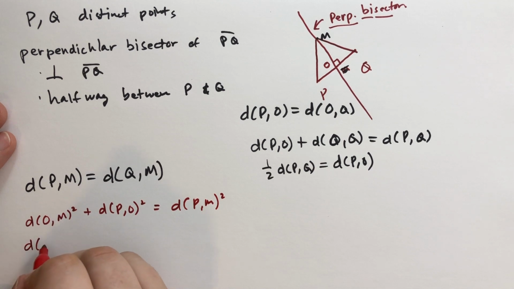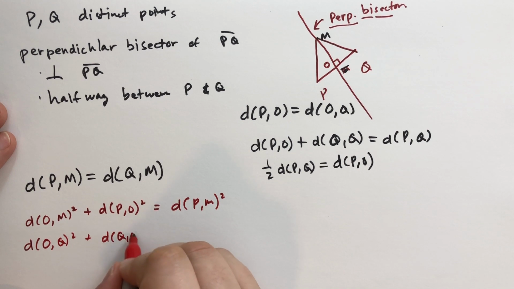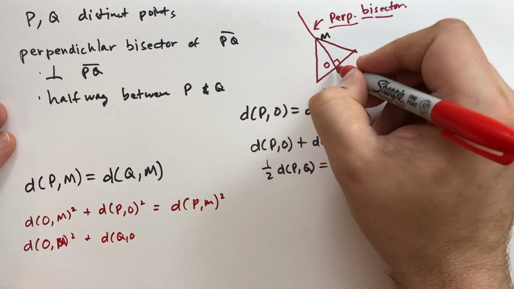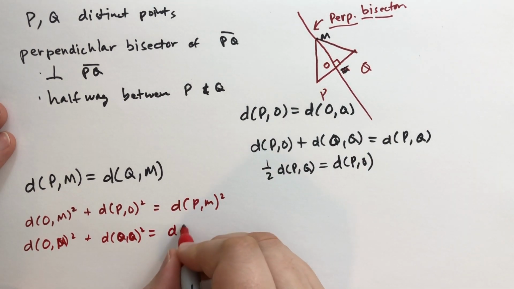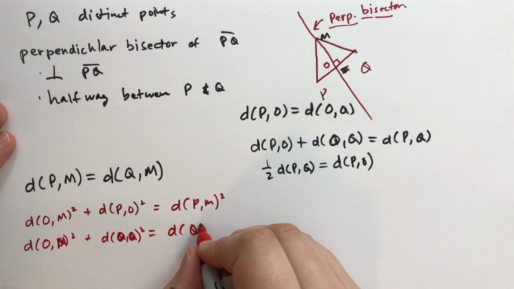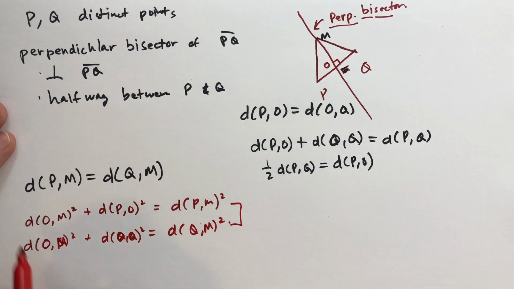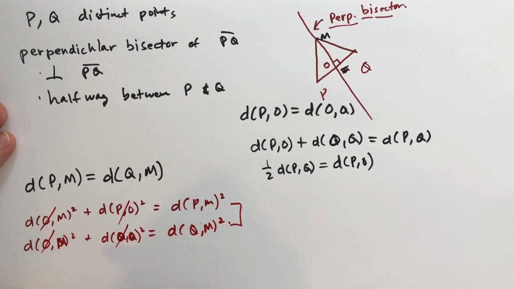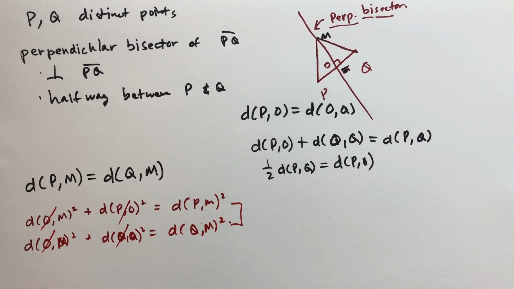For the other side, the distance from O to M squared, plus the distance from O to Q squared, equals the distance from Q to M squared. If we can prove that these 2 things are equal, then we can prove that those 2 lengths are equal. These are equal because they're the same leg. These are equal because it's the bisector, so these 2 things have to be equal as well. That's pretty much all there is to that.